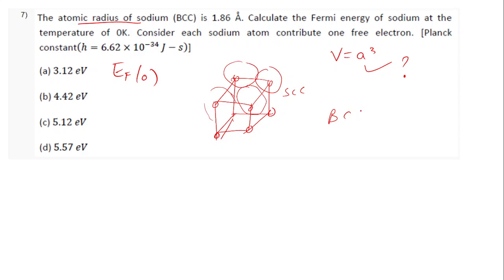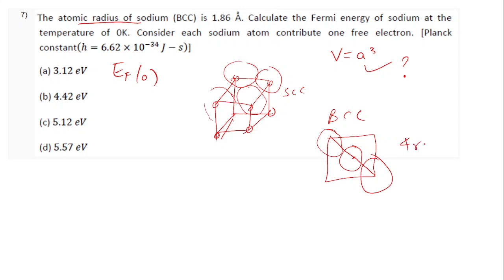For BCC, we have an atom in the body center, means the diagonals have atoms like this. These three atoms falling on the body diagonal touch each other. That's why for BCC we can take the relation. This is 1R, this is second R, this is third R, this is 4R.